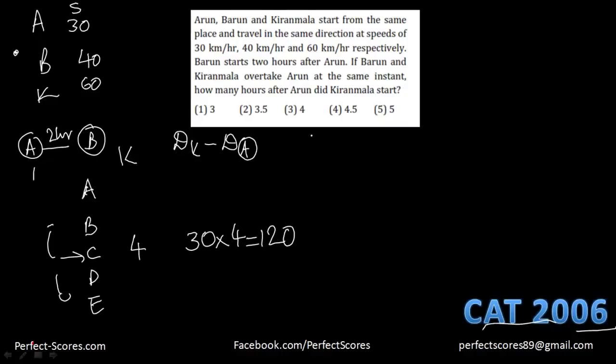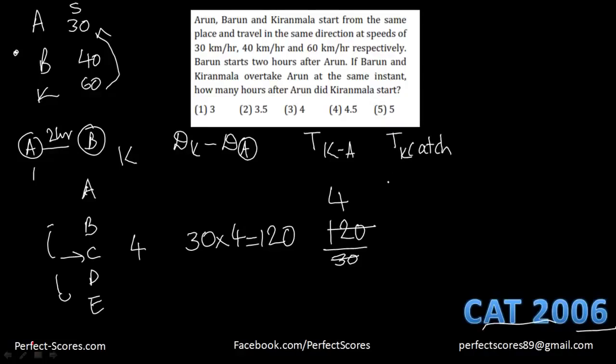So the time taken for Kiranmala to catch Arun would be the total distance between them divided by their relative speed. Now what is their relative speed? That is 60 minus 30, which is 30, so 4 hours. So the time taken for Kiranmala to catch Arun would be the 4 hours that Arun traveled alone and 4 more hours that it took Kiranmala to catch Arun.